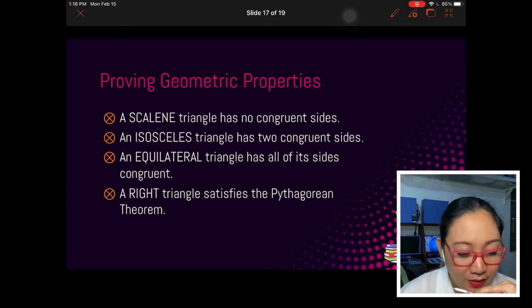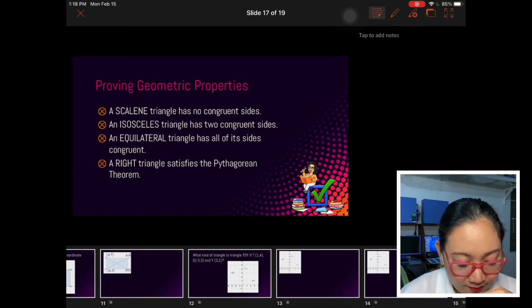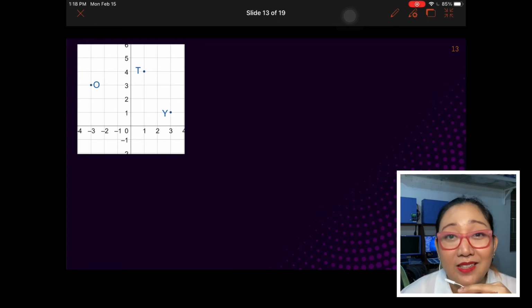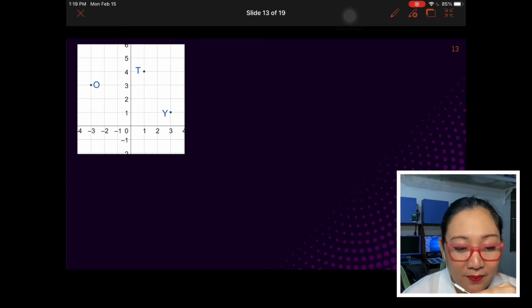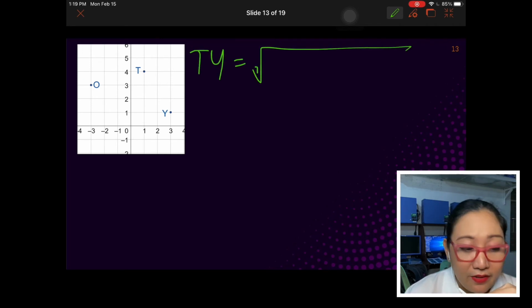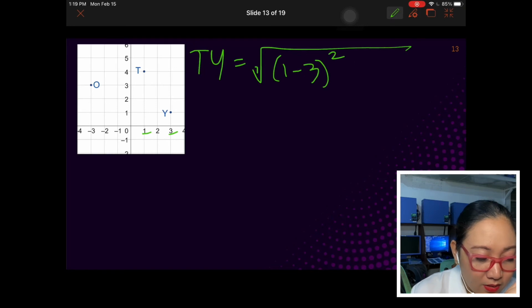Okay, balik tayo ulit. Given T, O, and Y, kailangan hanapin natin ang distance ng bawat isa sa mga points na yan. Tatlong distances ang hinahanap natin. Magsisimula tayo sa TY. I will use green for TY. For T and Y, x values muna: 1 minus 3 squared, plus y values: 4 minus 1 squared.